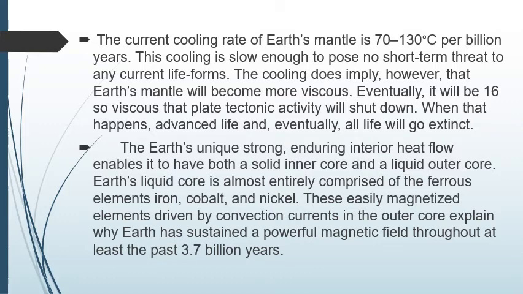Earth's unique, strong, enduring interior heat flow enables it to have both a solid inner core and a liquid outer core. Earth's liquid core is almost entirely comprised of the ferrous elements iron, cobalt, and nickel. These easily magnetized elements, driven by convection currents in the outer core, explain why Earth has sustained a powerful magnetic field throughout at least the past 3.7 billion years.